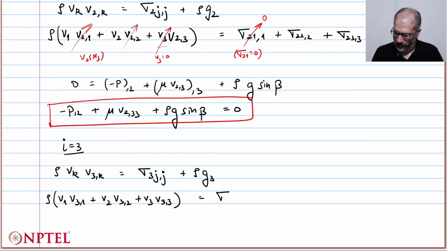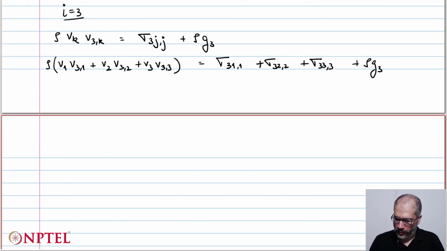On the right hand side, we have sigma 31 comma 1 plus sigma 32 comma 2 plus sigma 33 comma 3 plus rho G3. So V3 is a 0, so all these terms go to 0.